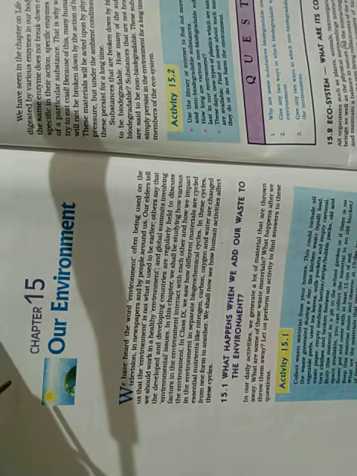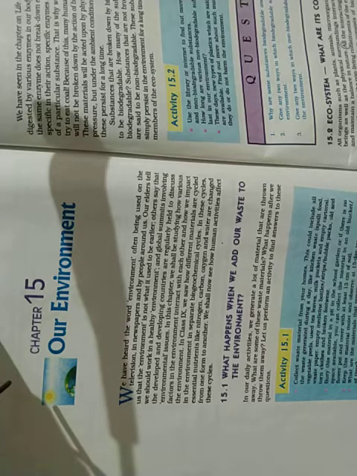Biodegradable waste usually does not pollute the environment. It pollutes the environment only when its amount is so large that it cannot be decomposed into harmless substances in nature at the right time.